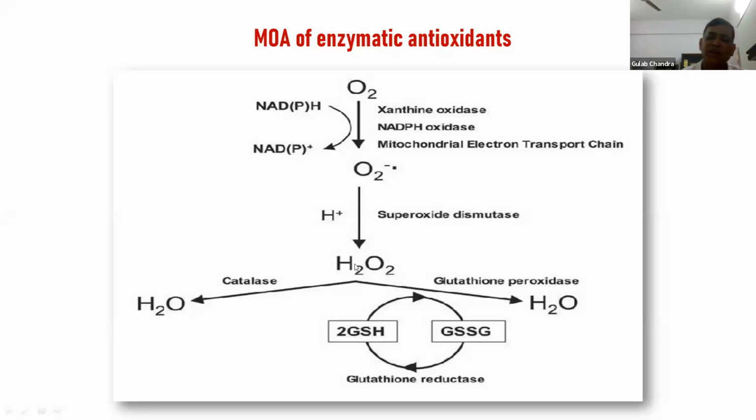This hydrogen peroxide changes into water in the presence of catalase, and glutathione peroxidase is also responsible for the conversion of hydrogen peroxide to water. These enzymatic antioxidants convert the free radicals into non-free radicals.